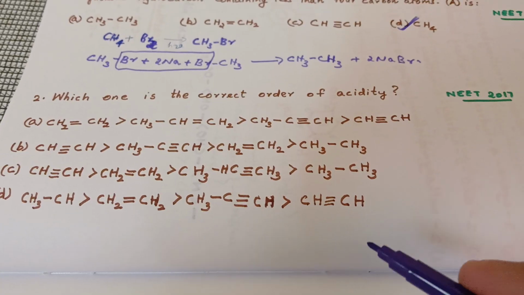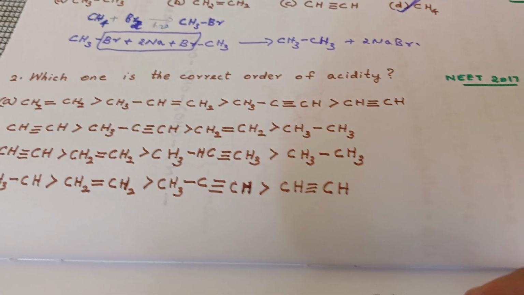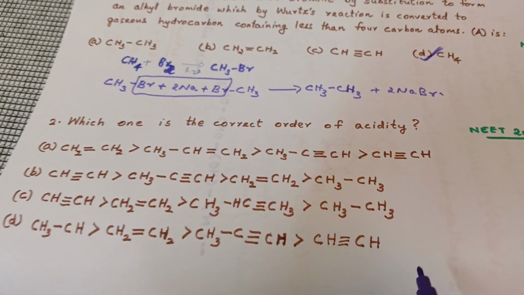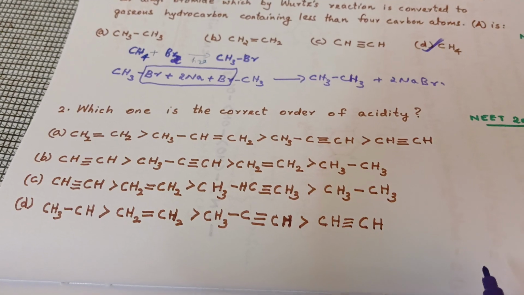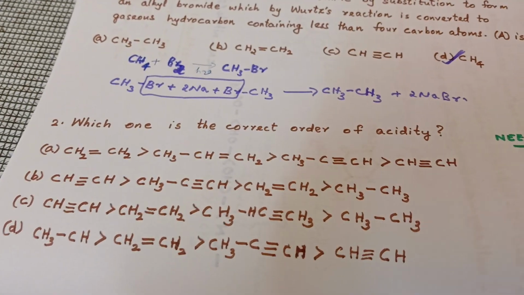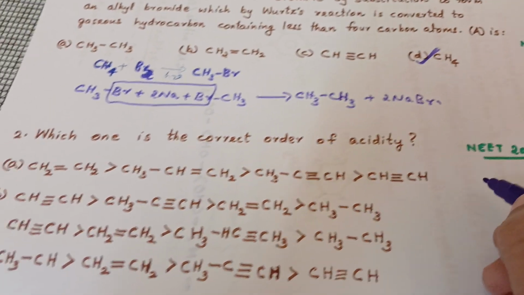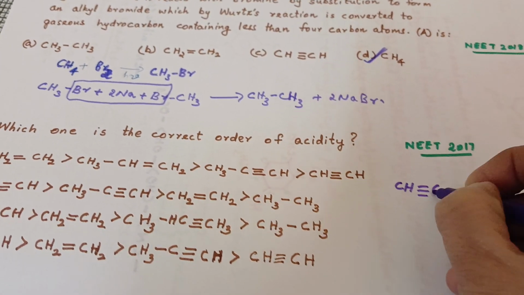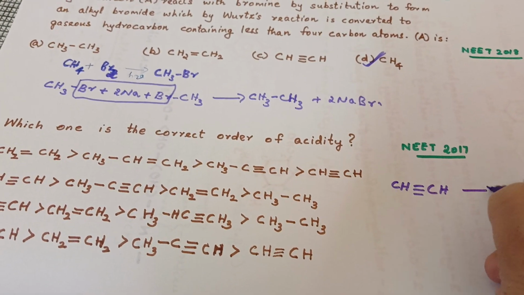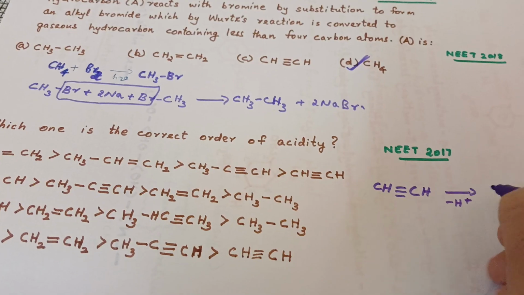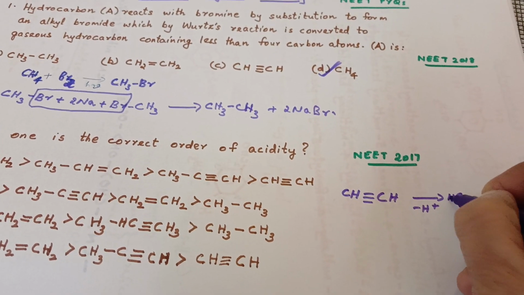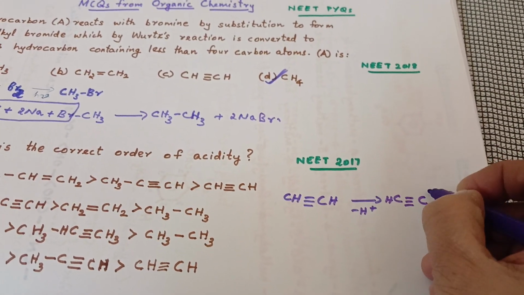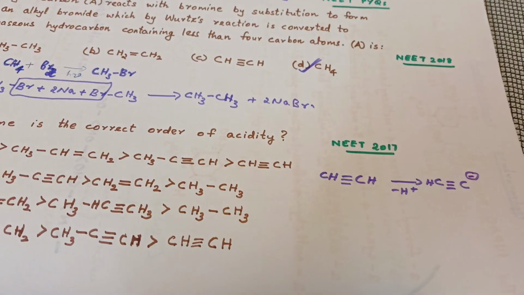The acidity of a hydrocarbon is determined by the stability of its conjugate base, that is, the base formed by the removal of a proton. So let us take ethyne first, the alkyne, CH triple bond CH. When you remove a proton, you get CH triple bond C minus.